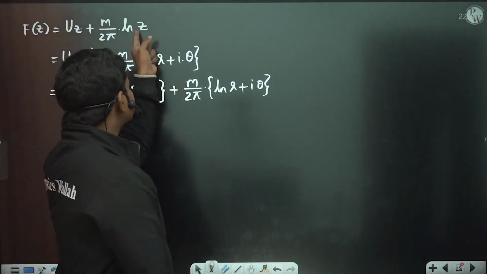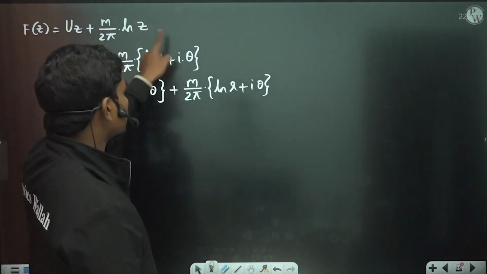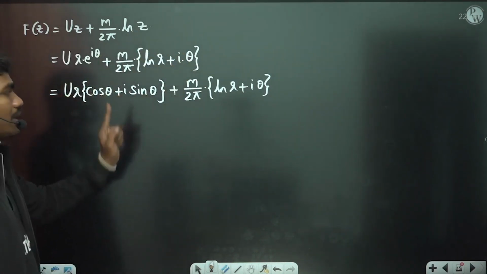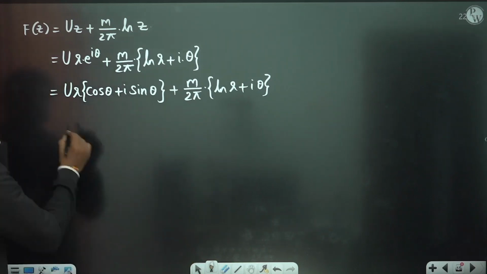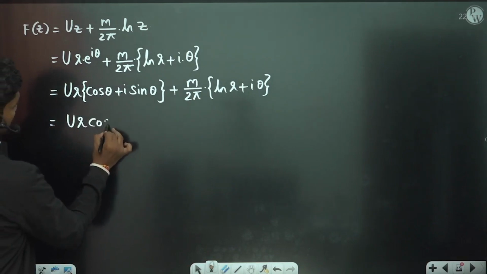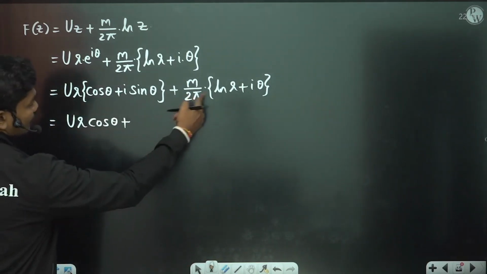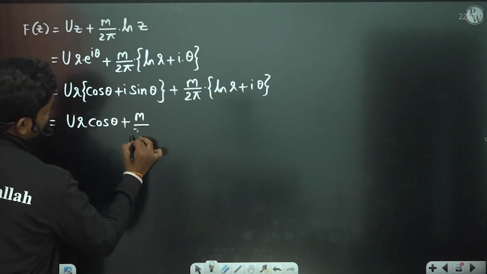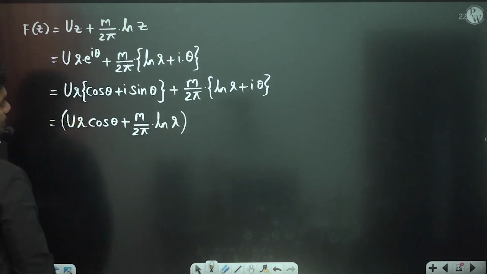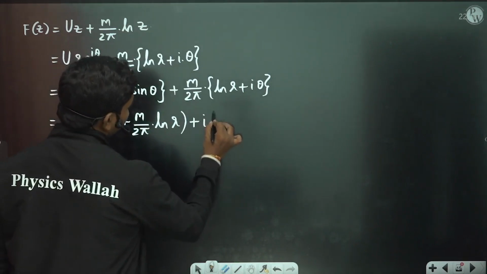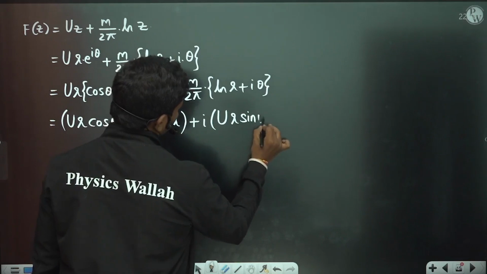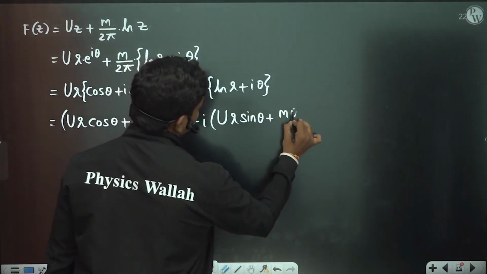Because this z can be written as r into e power i theta. In yesterday's class I have shown you how this comes, and this e power i theta can be expanded like this. So if you club the real part and imaginary part, then you have U r cos theta plus m by 2 pi ln r, plus i times of U r sin theta plus m theta by 2 pi.